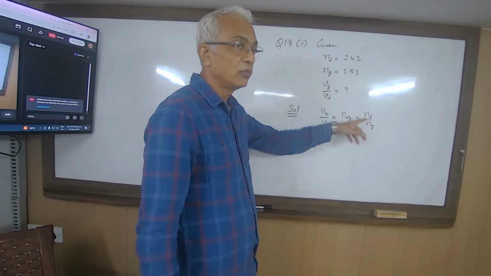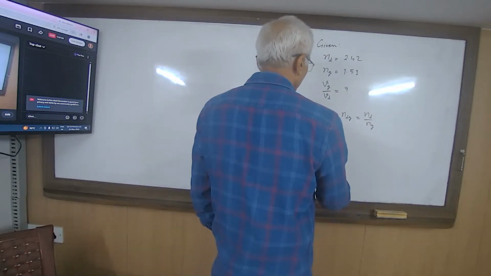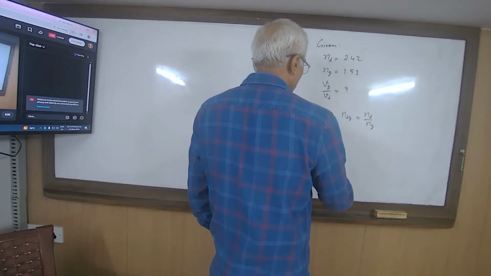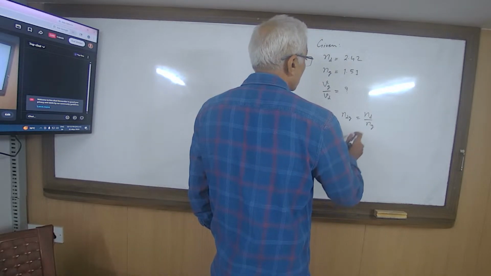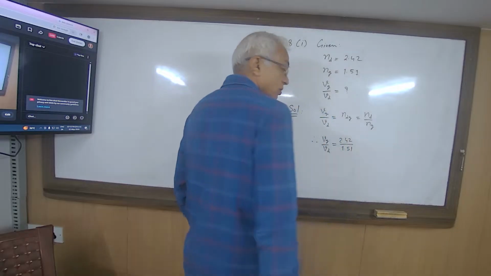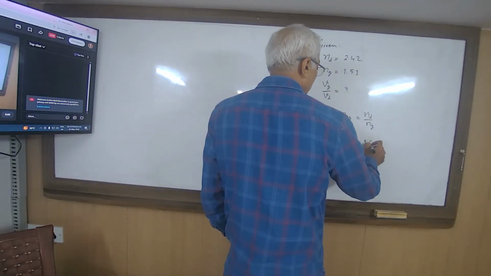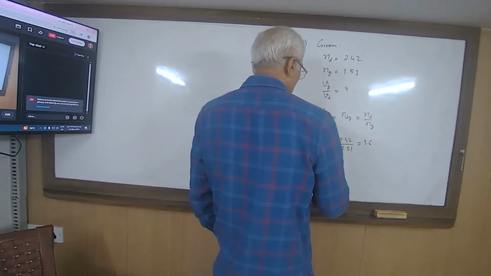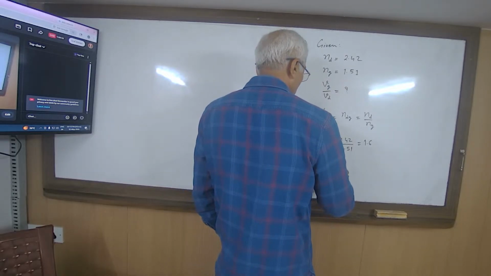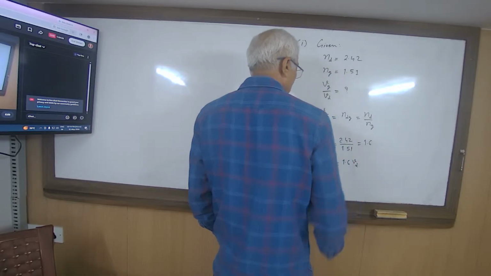N21 is equal to N2 by N1. So we got Vg by Vd: Nd is 2.42, Ng is 1.5. So this will be 1.6 roughly when you solve it. So the speed of light in glass is 1.6 times its speed in diamond.